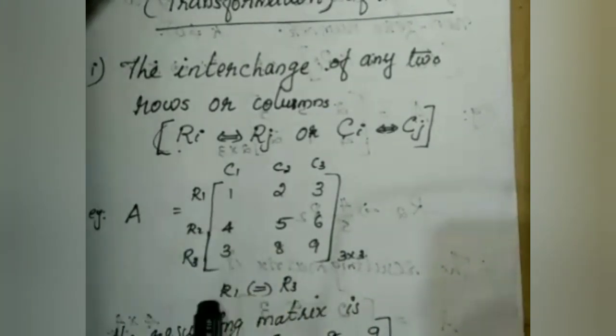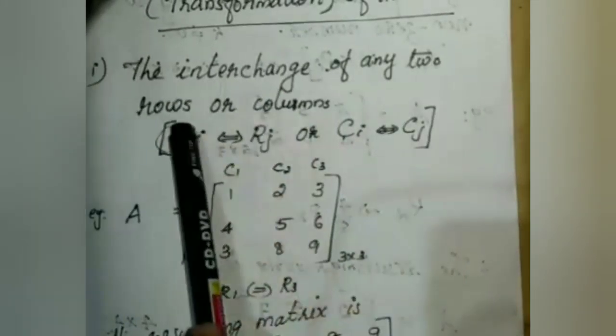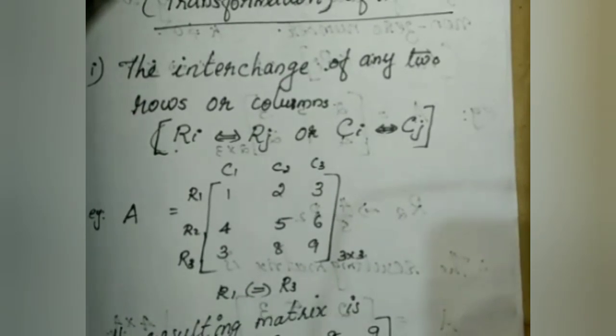If I need to apply the first elementary transformation related to interchange, that is the interchange of any two rows or columns, it can be done in the manner R1 ↔ R3. The symbol refers to interchange. It means you are basically interchanging R1 with R3.